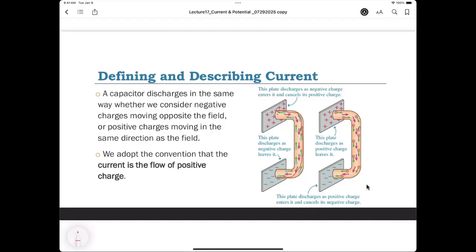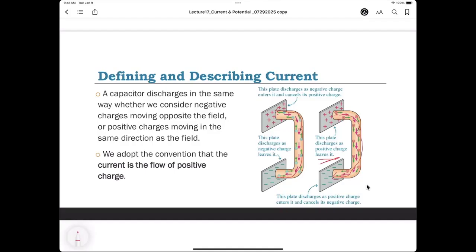We can also consider positive charges going to the negative plate and neutralizing its negative charges. This plate discharges as positive charge enters and cancels its negative charge. We can consider the discharge process this way.